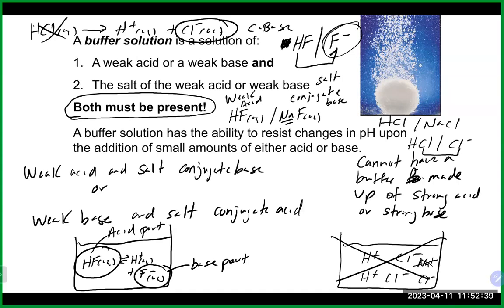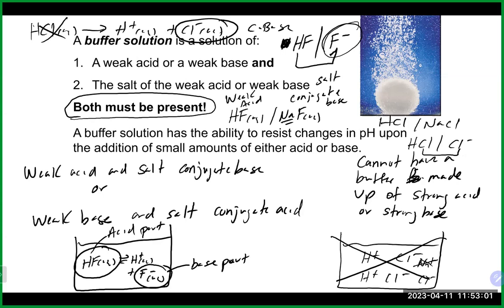It will go up a little bit, maybe to 5.08, 5.1, something like that. But you won't see the buffer go from a pH of 5 all the way up to a pH of 12 if it is functioning correctly. And the way it's able to do that, as I mentioned, is that there's that acid part of the buffer and the base part of the buffer.